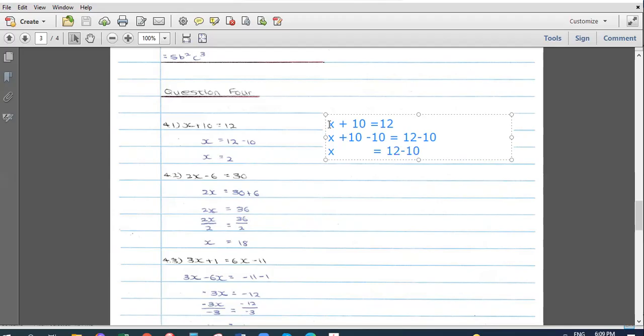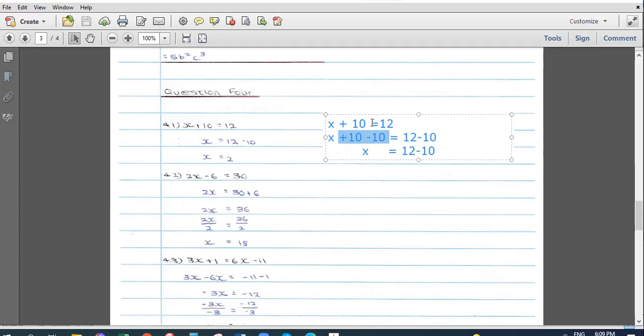So if you notice, boys and girls, this is very similar to this answer here. X is equal to 12 minus 10. So instead of showing this part here that I have, we know we have to subtract 10 to get rid of 10 here, or to get a 0, because we only need x.